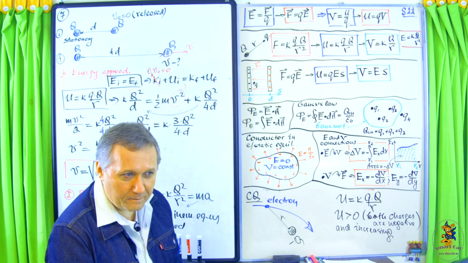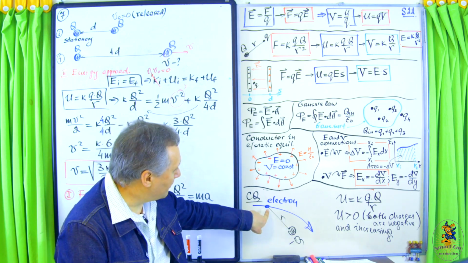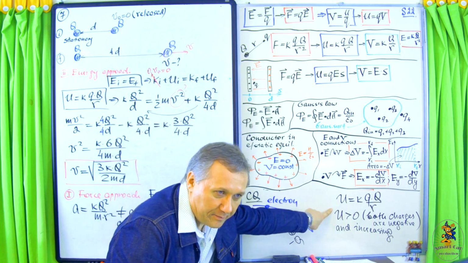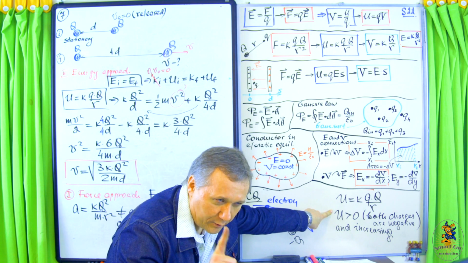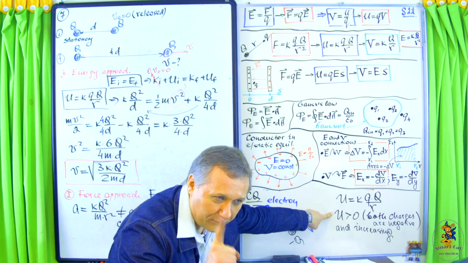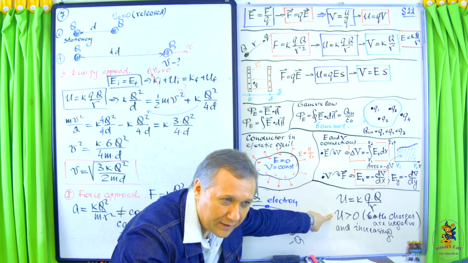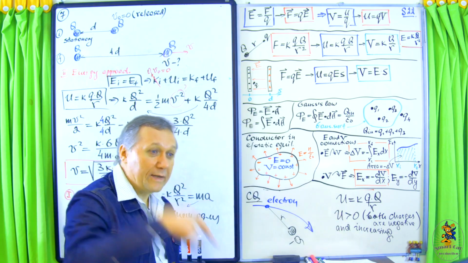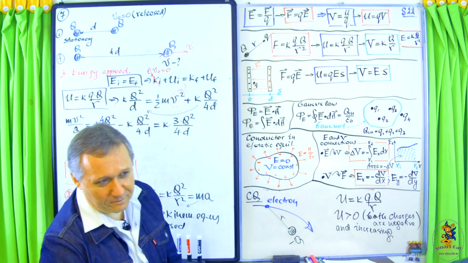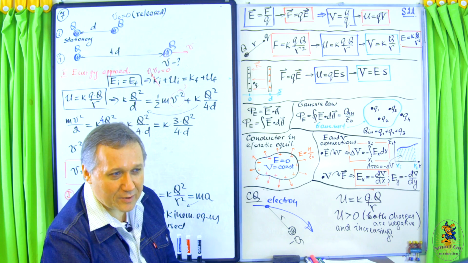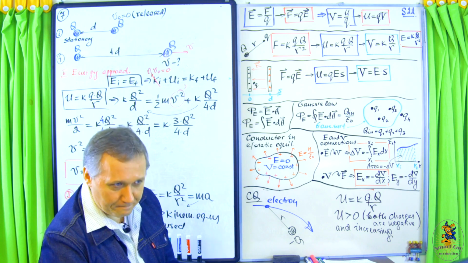You see? So if you have a proton, potential energy would be negative, and the absolute value of that potential energy would be growing. And since it's also negative, it means that potential energy would become more and more negative.